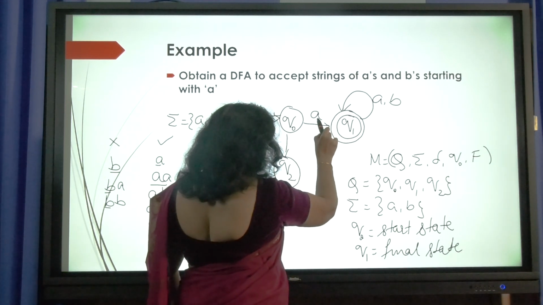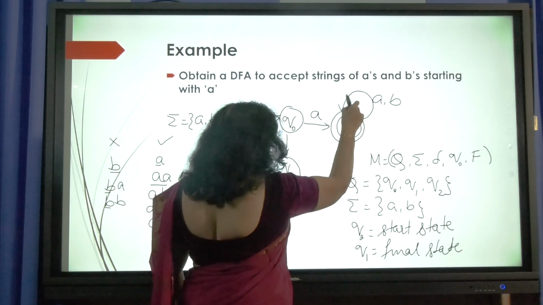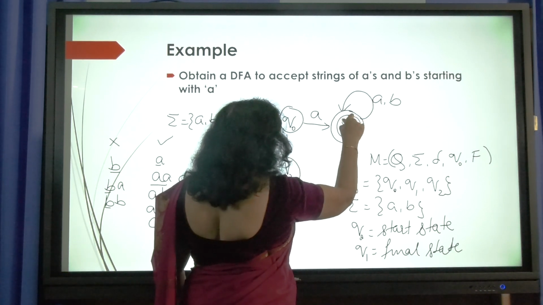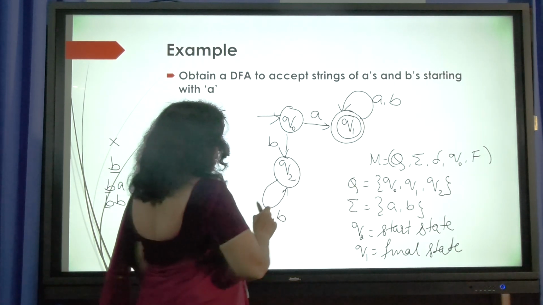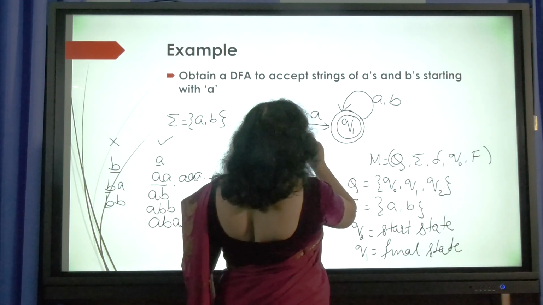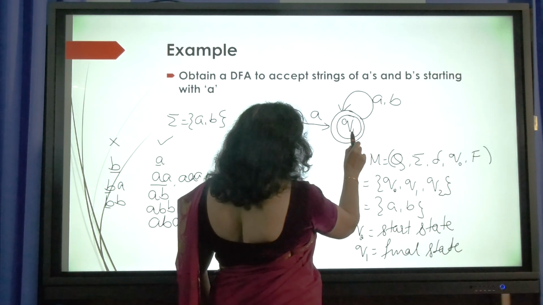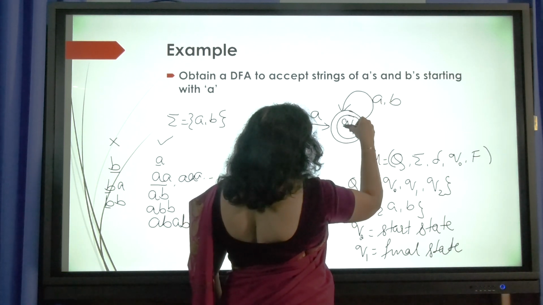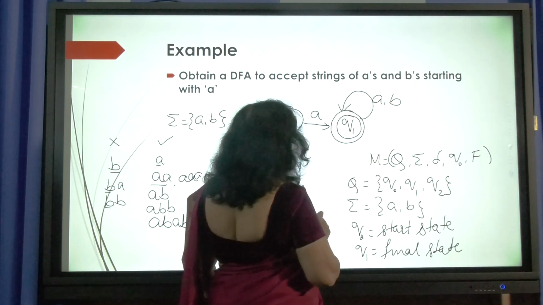After we get A, anything that comes, whether it is A or B, we remain in the final state. So from Q naught on A, we go to Q1. From Q1, whether you get A or B, you remain in Q1.